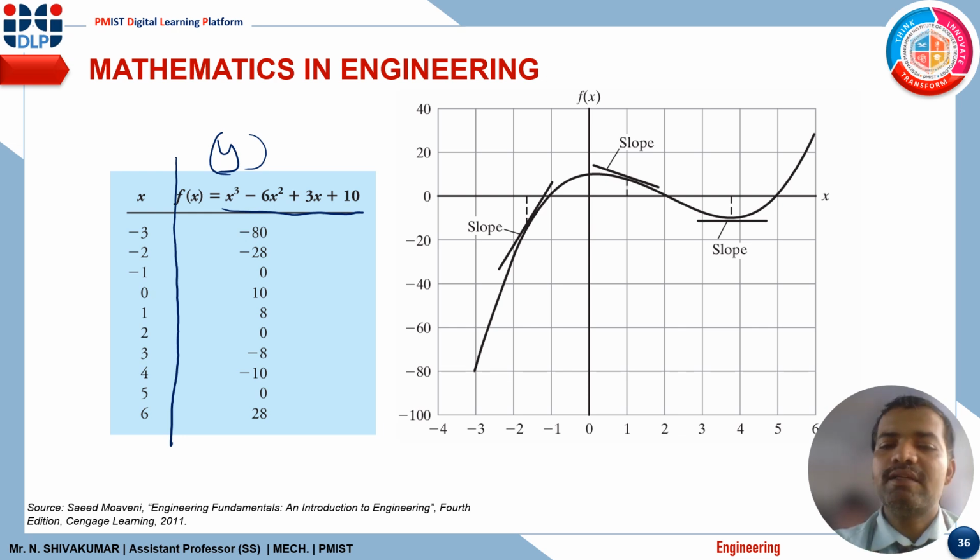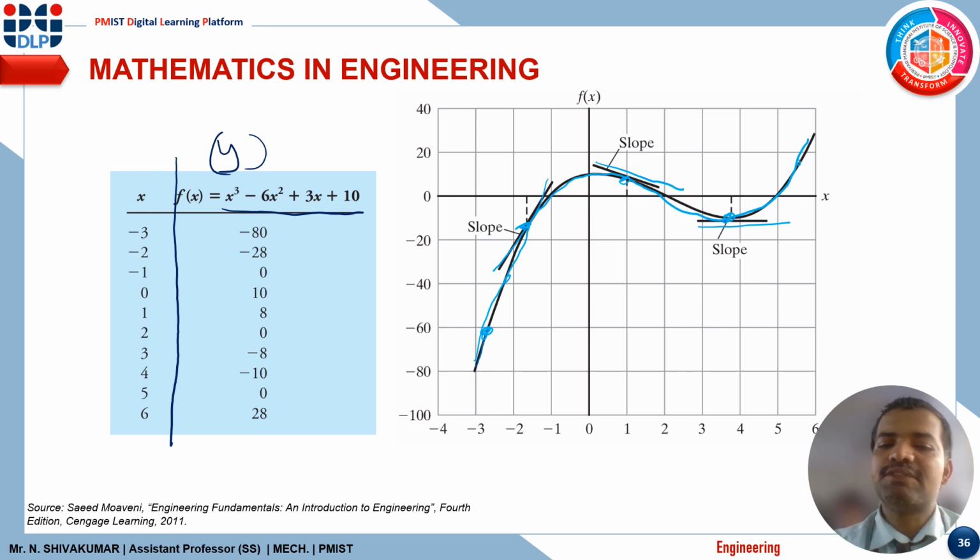When you plot this, we arrive at this kind of curve, where the slope is continuously changing. Here it is different, here it is different, here also it is different. For each x value, the slope is continuously changing. This is the key characteristic of a higher order polynomial equation.